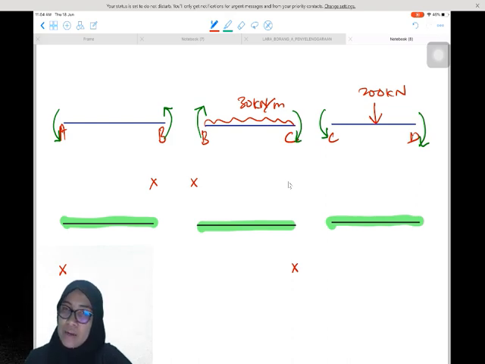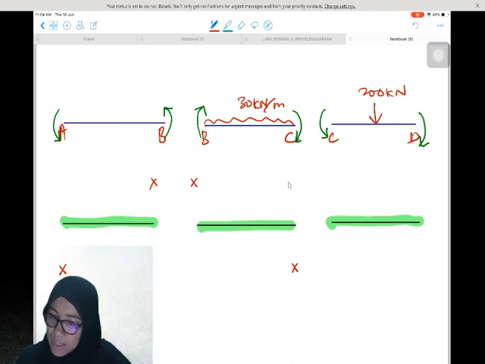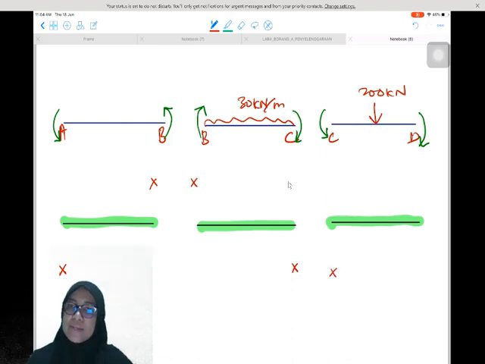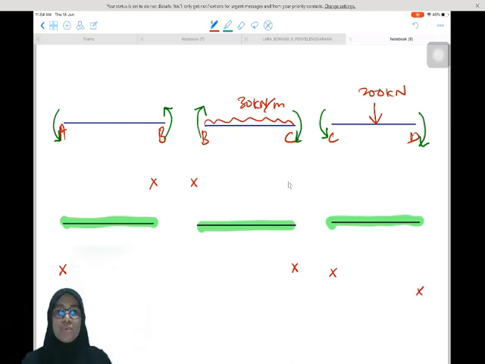For C, we follow the arrow, it is below line. And D, it is below line. So now we have the points of the bending moment diagram.